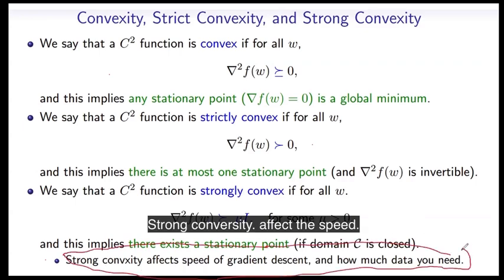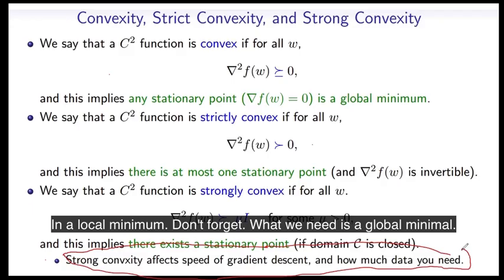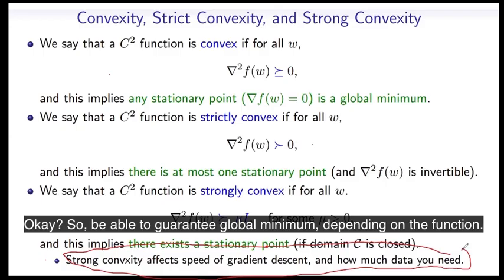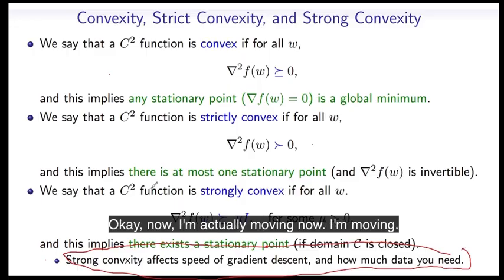Strong convexity affects the speed at which the gradient descent is traveling, in a way that it is not going to get stuck in a local minimum. Don't forget, what we need is a global minimum. To be able to guarantee a global minimum, depending on the function that we have, at times strong convexity may be required. Okay, now I'm moving on.